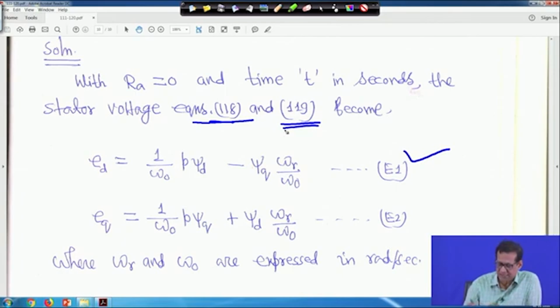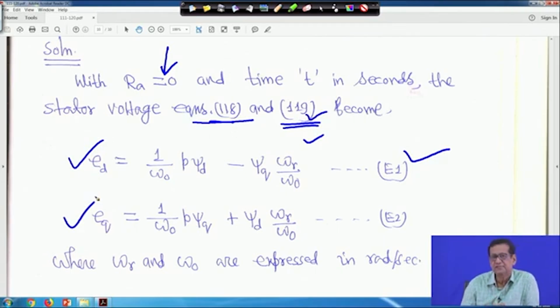And from 119, EQ is equal to 1 upon omega 0 P psi q plus psi d omega r by omega 0. In 118 and 119 you substitute RA equal to 0, and you get equations like this.